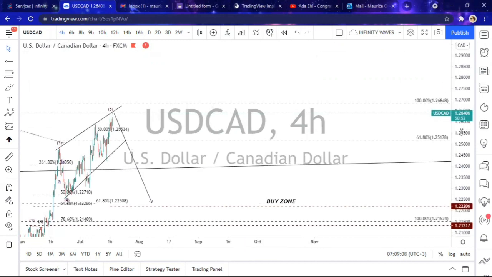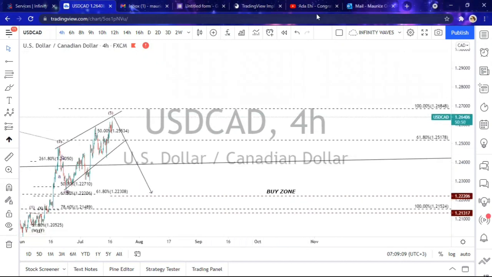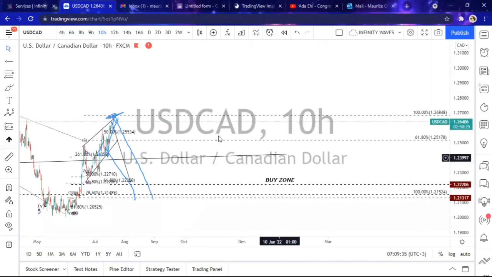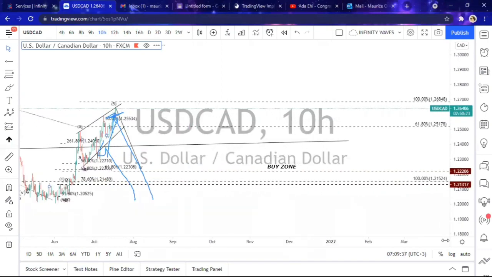Now, last week for this pair, we were expecting it to drop from this area to come down here, but it went up to complete this pattern here. So we wait for it to give us sell opportunities for the next drop down. The main trend is supposed to be up. If you go to a higher time frame, the main trend is supposed to be up because we are coming down.